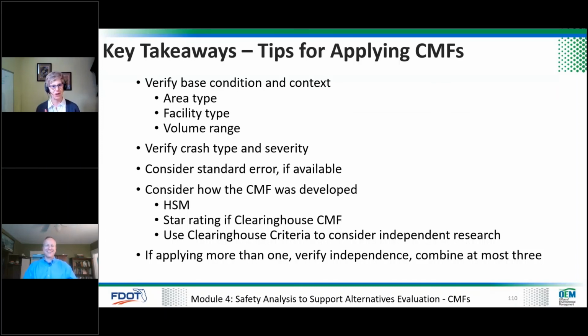But even so, go in and dig to make sure it's applicable. And verify that it's applicable based on the base condition, the crash types, the severity you're thinking about, and consider how it was developed. You're taking from the Highway Safety Manual, the star rating, and the clearinghouse. Take a look at independent research. Verify independence if you're going to apply more than 1. Next slide.